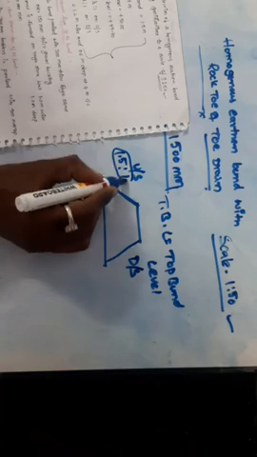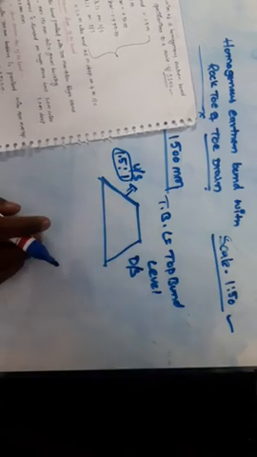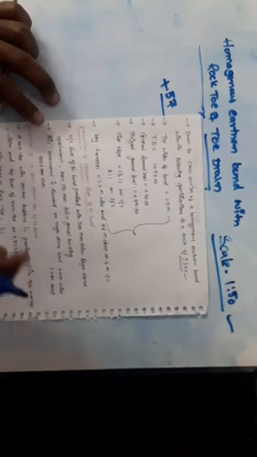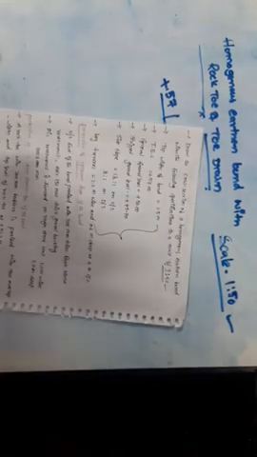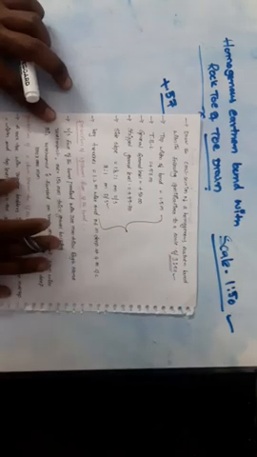This is the ratio of side slope. Upstream side 1.5 is to 1 and downstream side 2 is to 1.